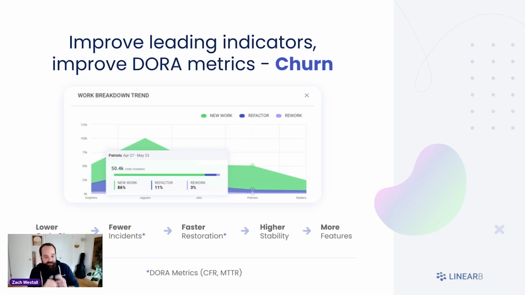Refactoring is not a bad thing. Refactoring is very okay because you're optimizing your existing code base. You're able to work on things that actually add value, not bugs and not addressing churn. So that is how you improve your leading indicators, you improve your DORA metrics, you improve your business outcomes.